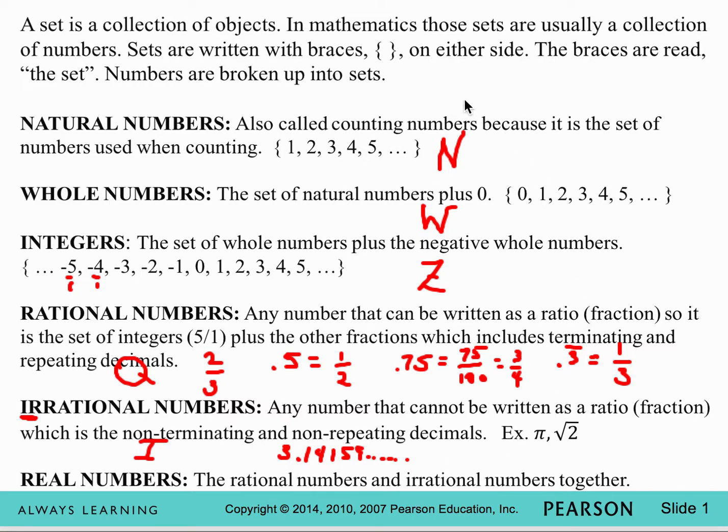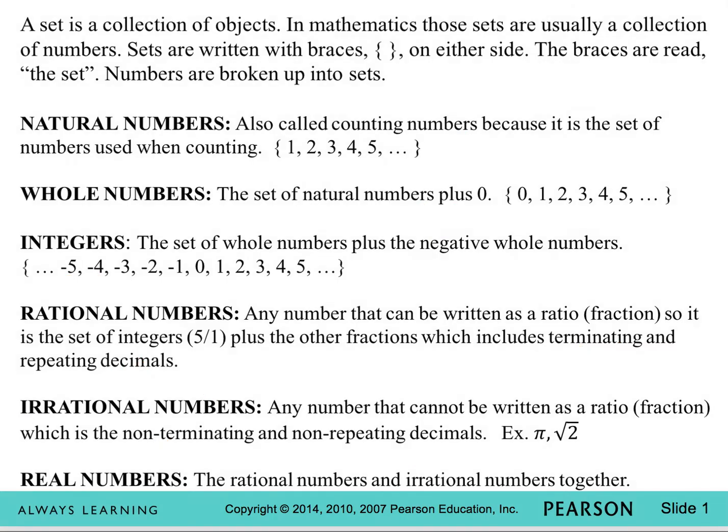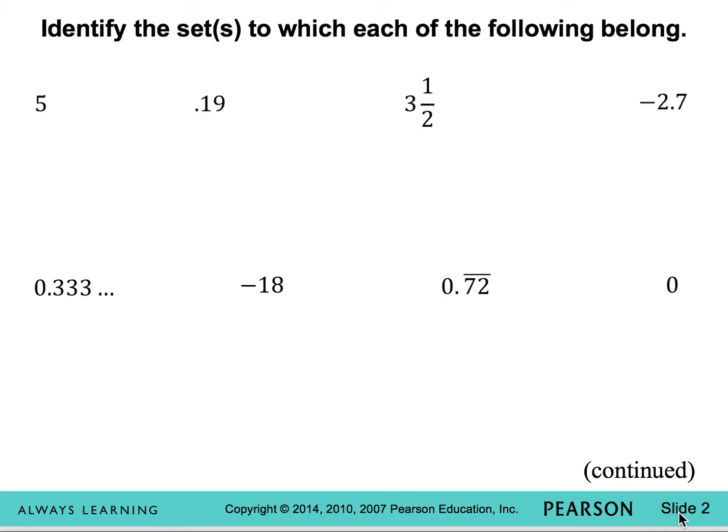In other words, all of these kinds of numbers, right? So everything we're going to talk about in this course is a real number. Technically, there's one more set called the complex numbers. That's where our i's come in, but we don't talk about the complex numbers in this course. So every number we talk about in this course will be a real number.